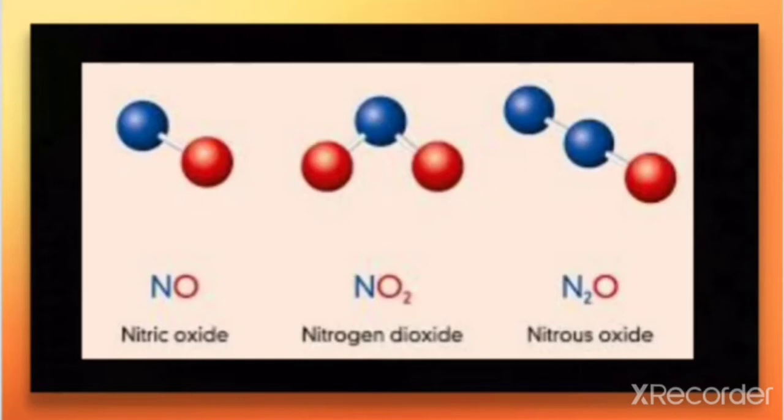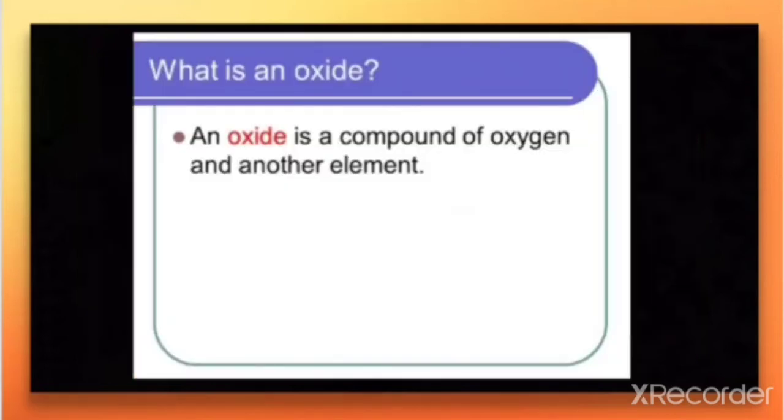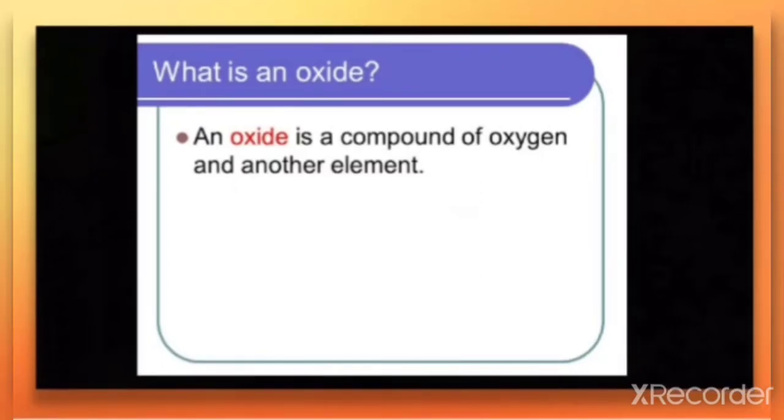Let us define what an oxide is. An oxide is a compound of oxygen and another element. That means it is a binary compound of oxygen with another element. That is called an oxide. Oxides can be simple or mixed.